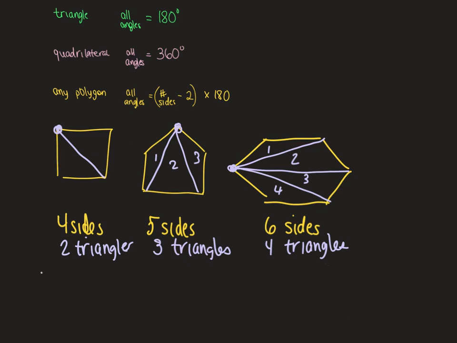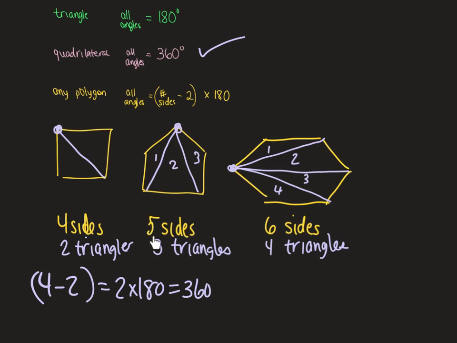So if I take 4 minus 2, I get 2, times 180 is 360, which we already knew it was going to be 360, but this proves it. 5 minus 2 is 3. 3 times 180. That makes 540. So pentagons have 540 degrees if you add up all their interior angles. So it's always take off 2 and multiply by 180.